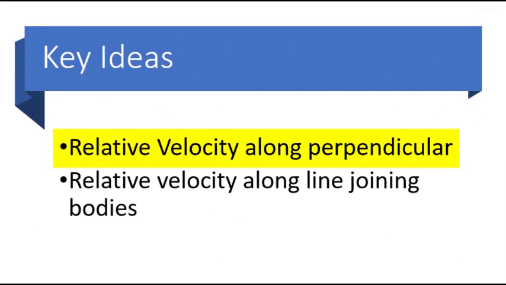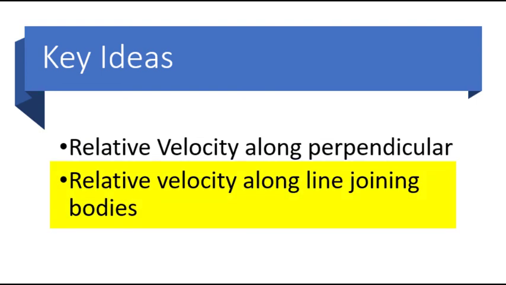For a collision to take place, the relative velocity of the components of the velocities along the line perpendicular to AB should be 0. Also, the relative velocity of the components of the velocities along the line AB should be the velocity of approach.